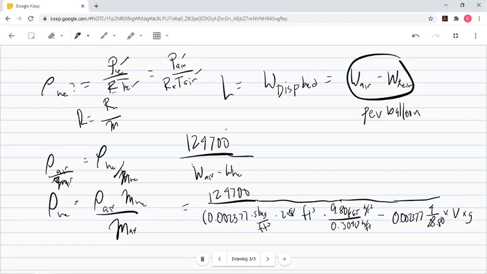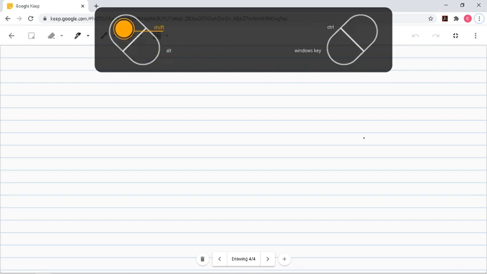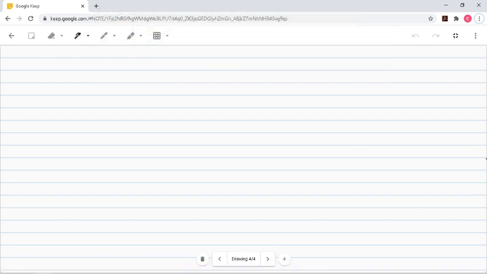Based on our past learnings, we know that pressure is equal to force over area.